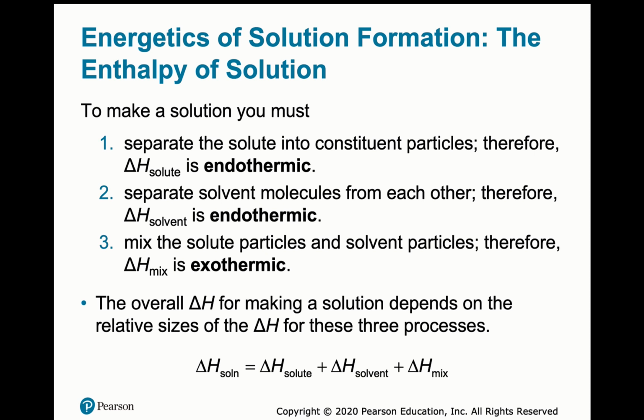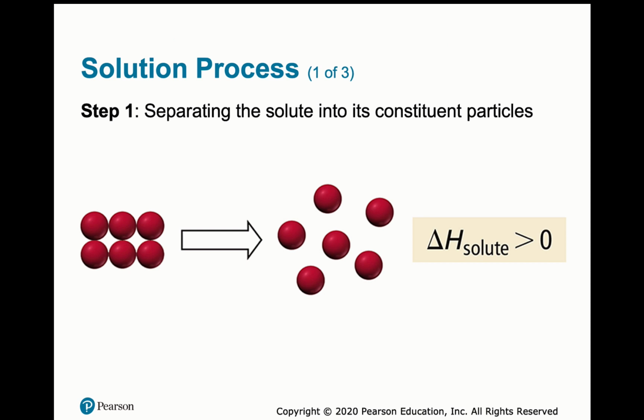To separate the solution into its constituent particles is endothermic, and the same thing with the solvent and the solute. But then mixing the solvent and the solute particles is exothermic. So the overall heat of solution is the combination of these three components.